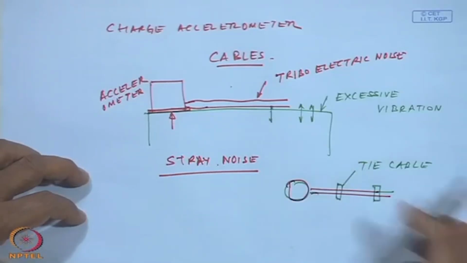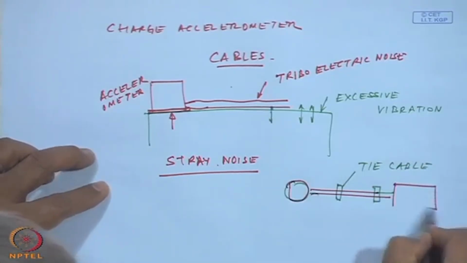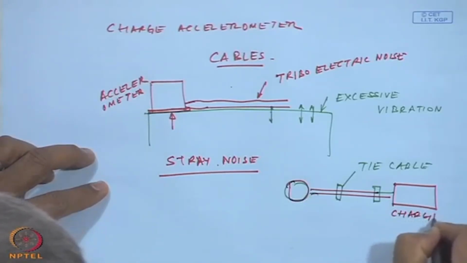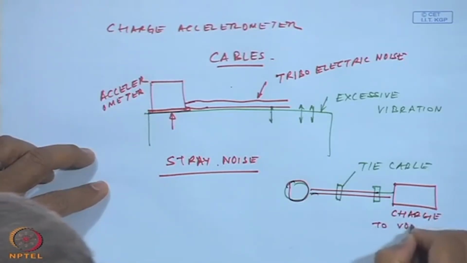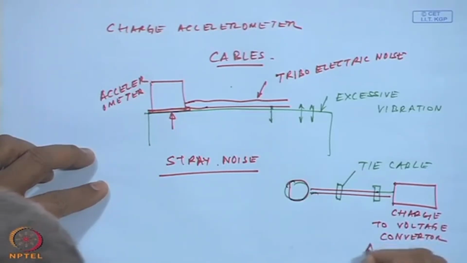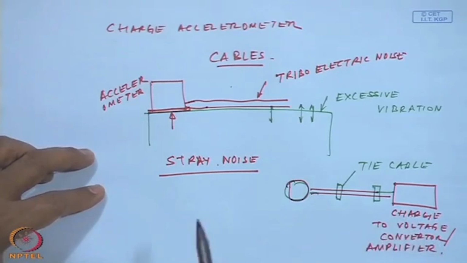And the best way is to have this amplifier, the charge to voltage converter or amplifier, very close to the accelerometer.